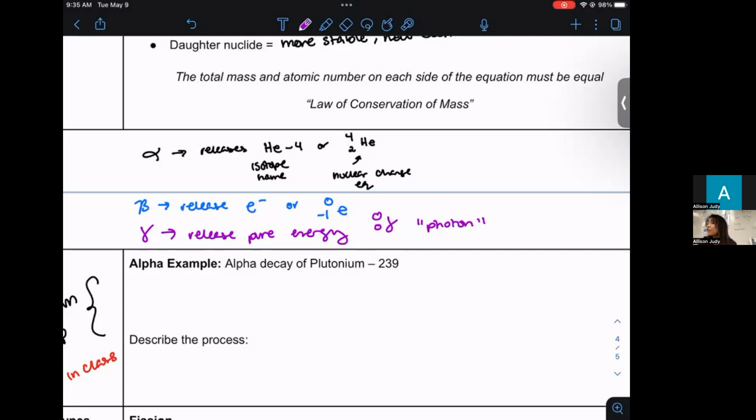Okay, it'll basically travel forever unless stopped. What else makes it super dangerous? If radioactive decay is the process of an unstable isotope trying to become stable, why is it so dangerous? Yes. Because there's no actual process, there's no actual transformation. Your unstable isotope is not changing at all. Nothing. It's just emitting its toxic energy to you.